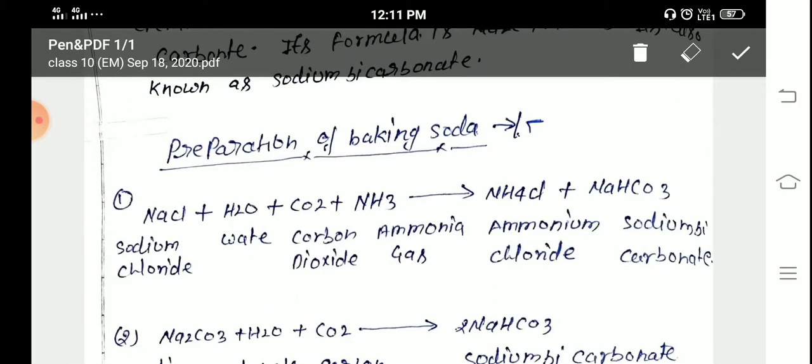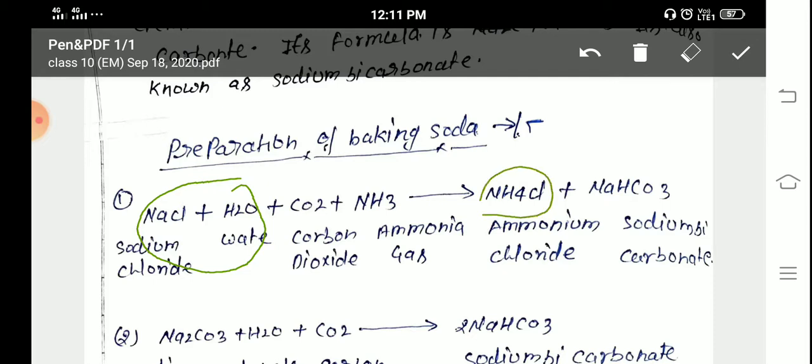Preparation of baking soda. Step number 1: NaCl + H2O + CO2 + NH3. Sodium chloride solution reacts with carbon dioxide and ammonia NH3. The products are NH4Cl + NaHCO3.